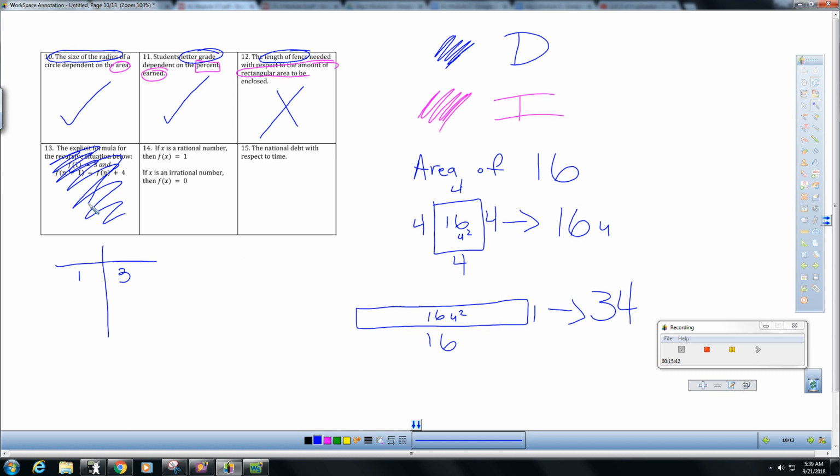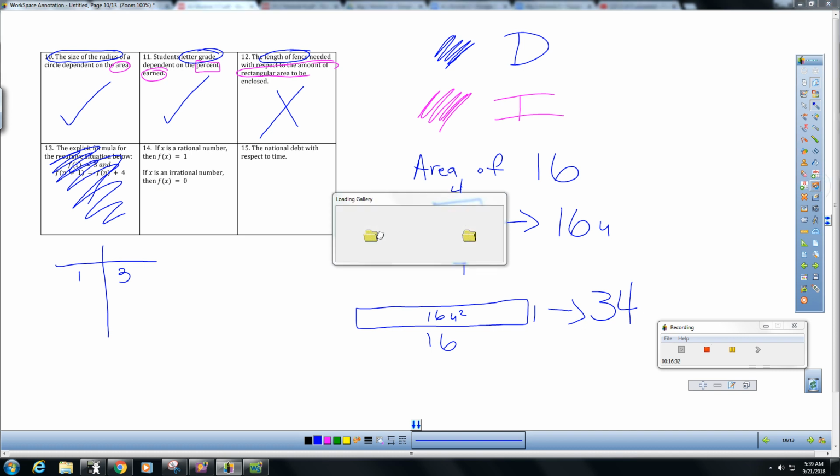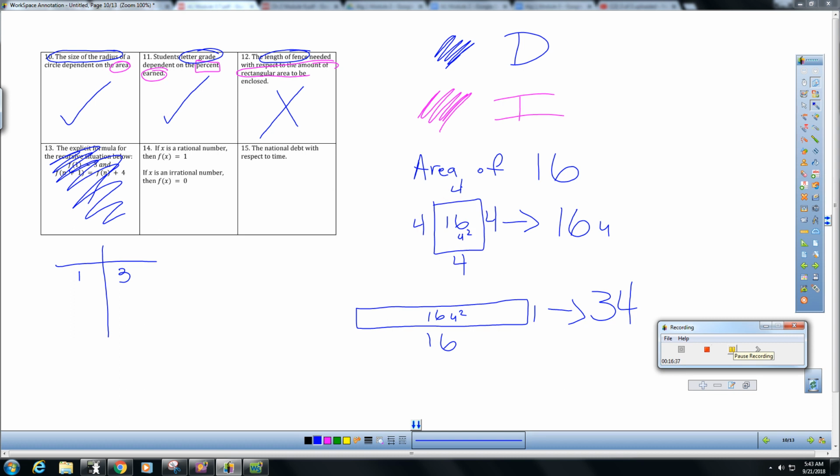Okay, I think our independent variable would be all of the real numbers, meaning we can pick any number we want. And I think our dependent variables would only be the numbers 1 and 0.